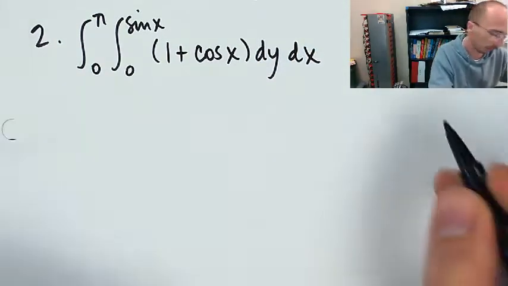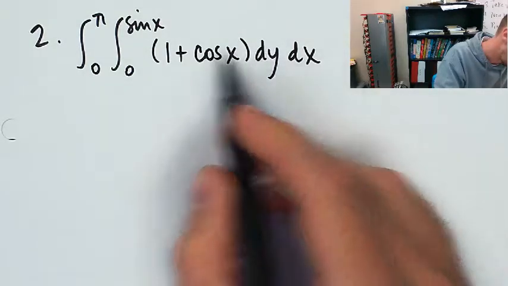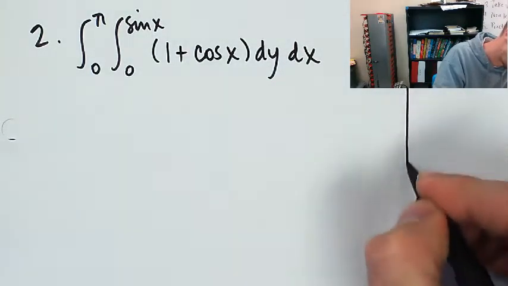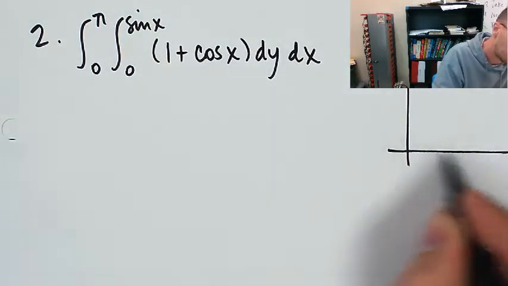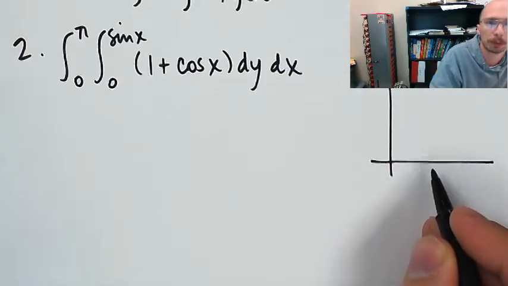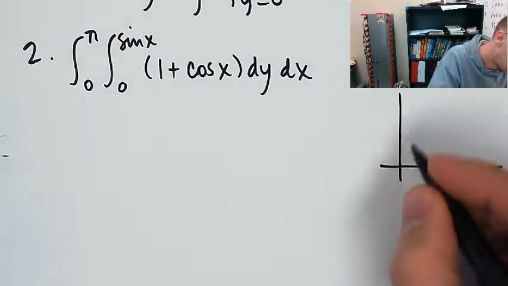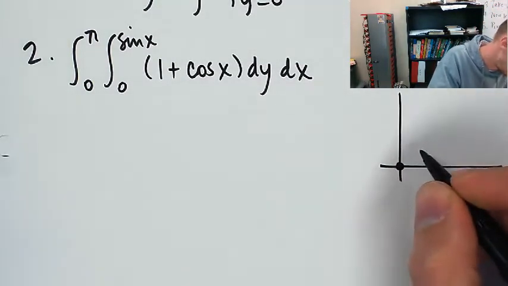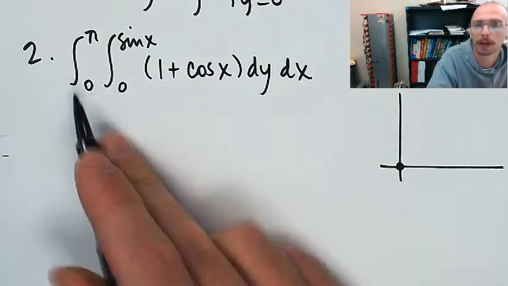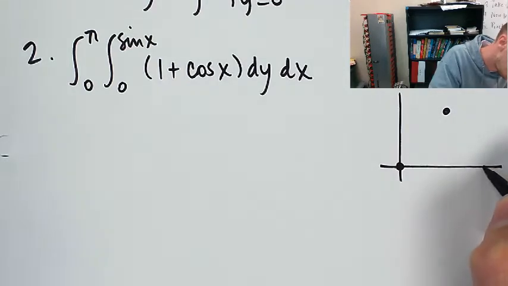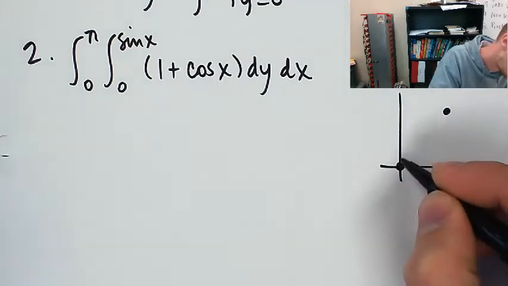Okay, so I'm going to sketch that region again. So y is between 0 and sine x. I know what y equals 0 looks like, that's the x-axis. Y equals sine x, and I also know that x needs to go from 0 to pi, so I'm only going to be interested in y equals sine x between 0 and pi.